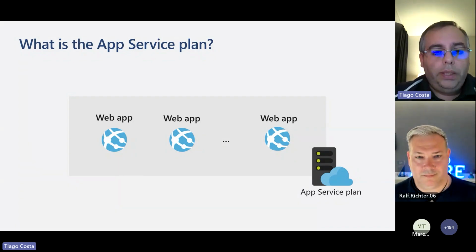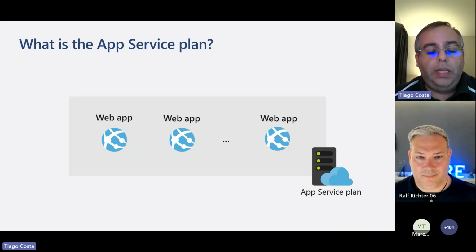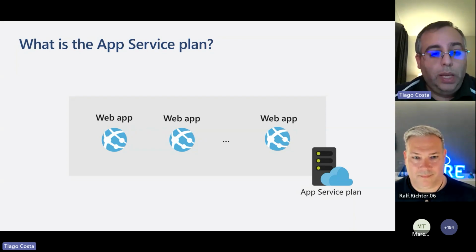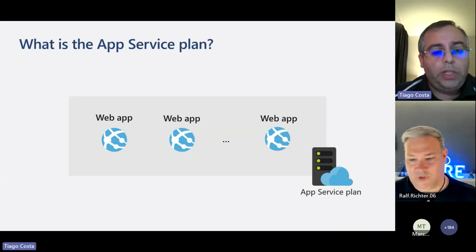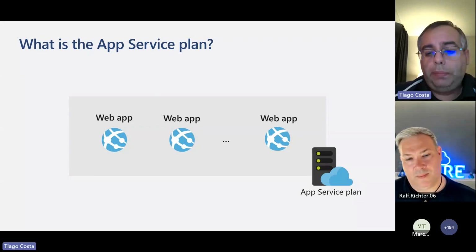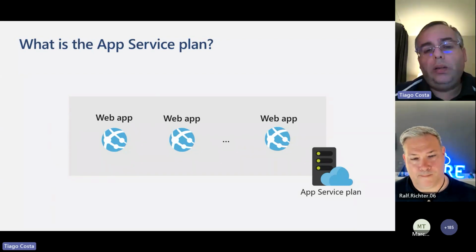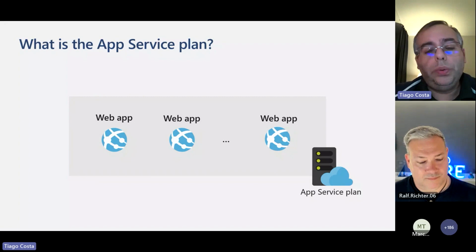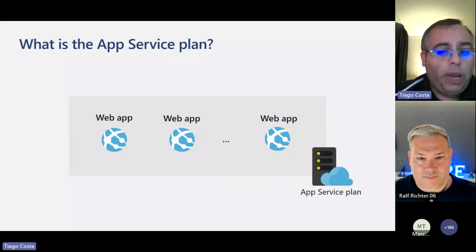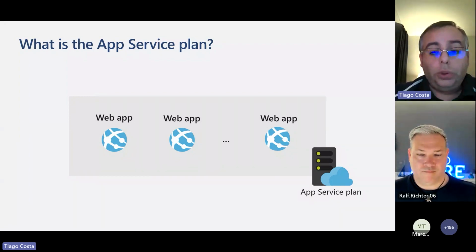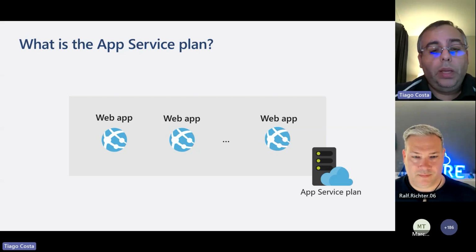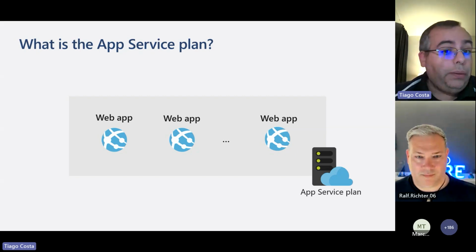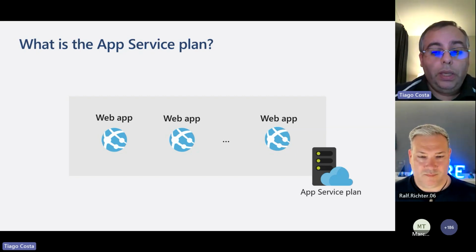All those web applications are running side by side in the same compute resources. Let's imagine that I have very small applications that don't have that much load, they don't have much traffic, they are small. Sure, you can run a bunch of them all together, no problem whatsoever.